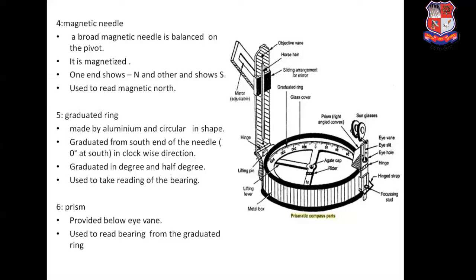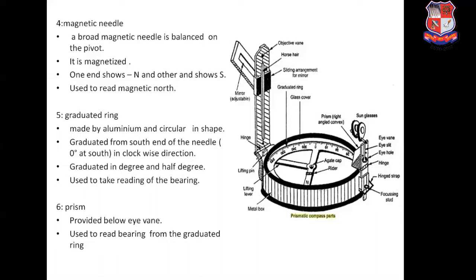At south end it shows the 0 degree, and in clockwise direction from the south it is graduated up to 360 degree. This graduated ring is used to take the reading of the bearing of our survey line in the field.